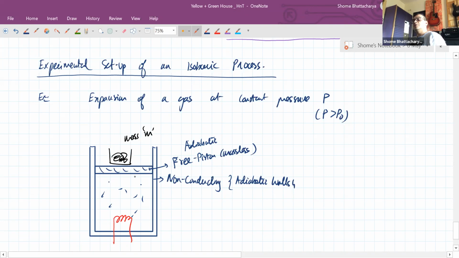Okay. And the piston has area equal to A. So what will happen is at any point of time, if you look at the piston's free body diagram, the force acting on it is P into A because of the internal pressure of the gas.